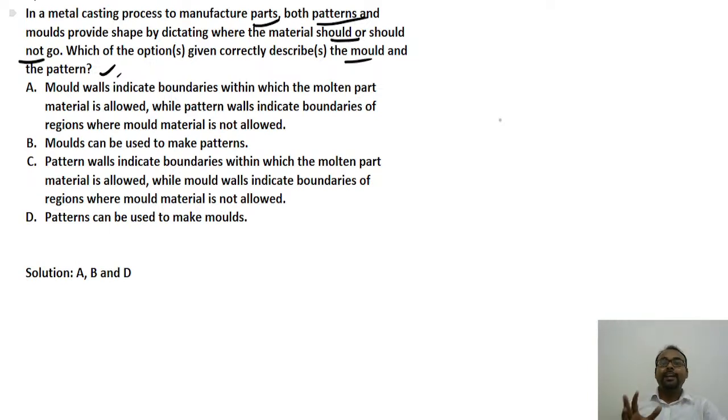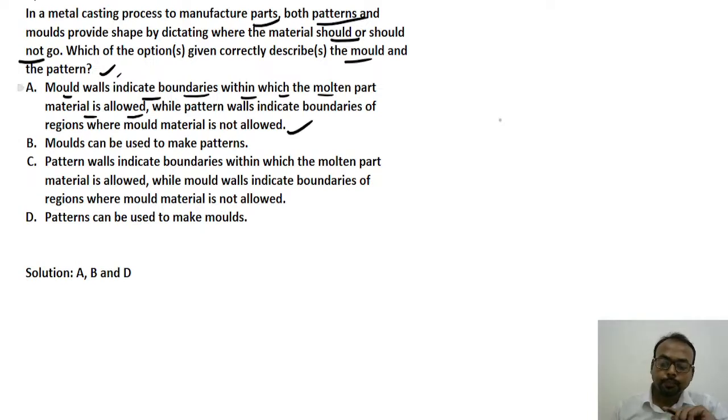So we have to decide where our material can go, or where it cannot go, by reading the different options. First of all, mold walls indicate boundaries within which the molten part material is allowed, while pattern walls indicate boundaries of the region where mold material is not allowed.